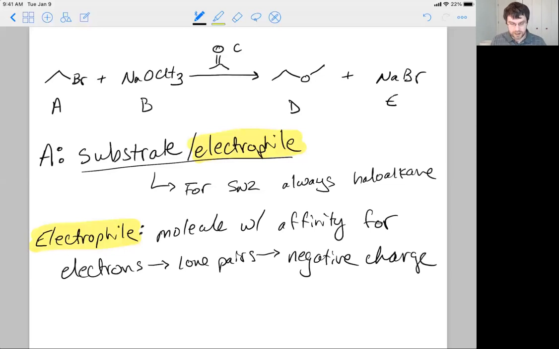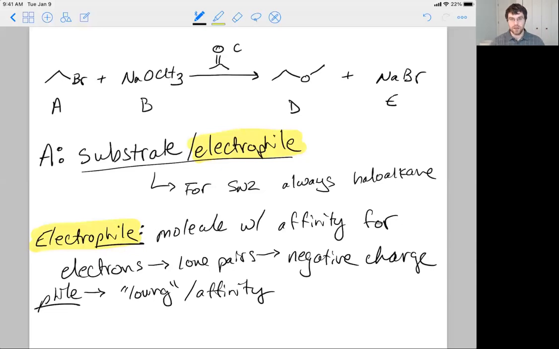If you hear the suffix phile, that could be interpreted as loving or affinity. So here it's electron affinity. An excess of lone pairs often leads to a negative formal charge. So the electrophile is the molecule that has affinity for electrons, and I'm saying that's the haloalkane.